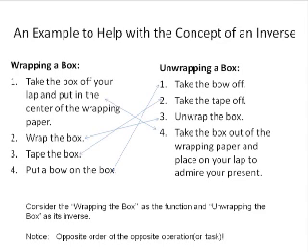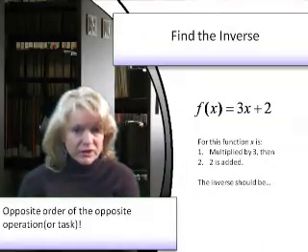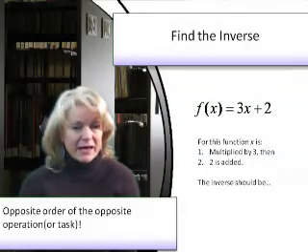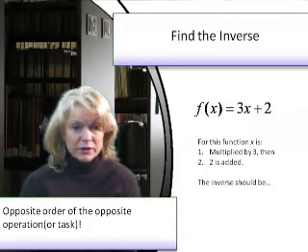Look closely at the steps of the two tasks. What we see is that we end up doing the opposite tasks in the opposite order. Let's apply this to functions. For this particular function, what you are asked to do to x is multiply by 3 and then add 2.